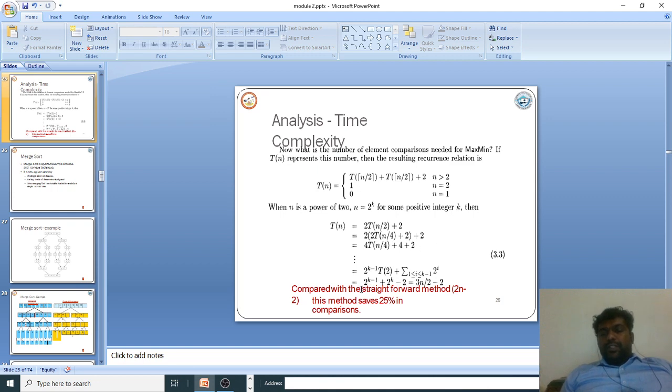Substituting that, 2 power k minus 1 plus 2 power k minus 2, the value you get is 3n by 2 minus 2. So compared to the straightforward technique, divide and conquer saves 25% of the comparisons. Okay students, thank you.